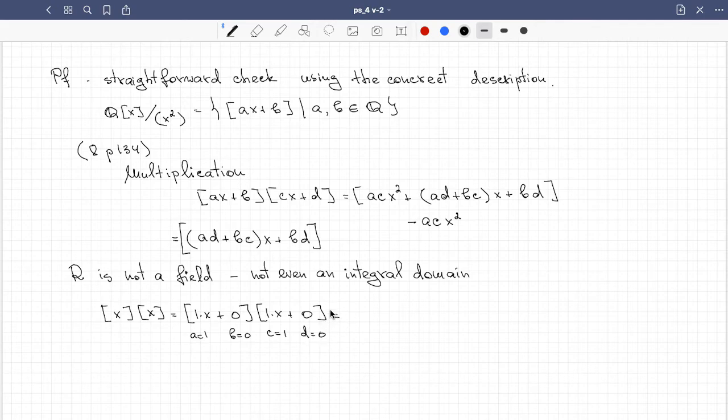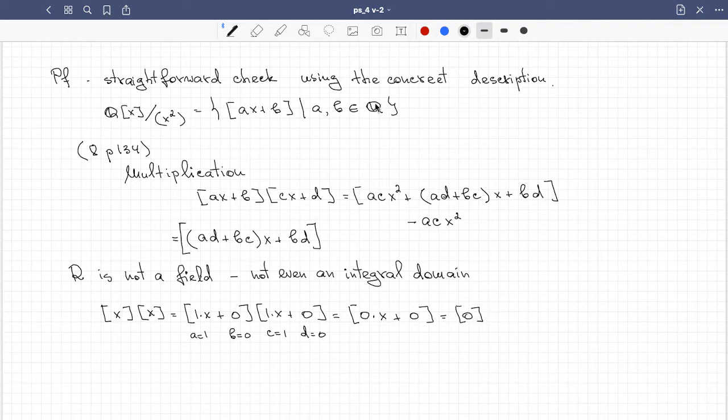And I calculate this according to this formula for multiplication. Which class do I obtain? ad plus bc: ad is 1 times 0, 0. bc is 0 times 1, which is 0. So this is 0 times x. Plus bd, 0 times 0, 0. Which is the class of 0.